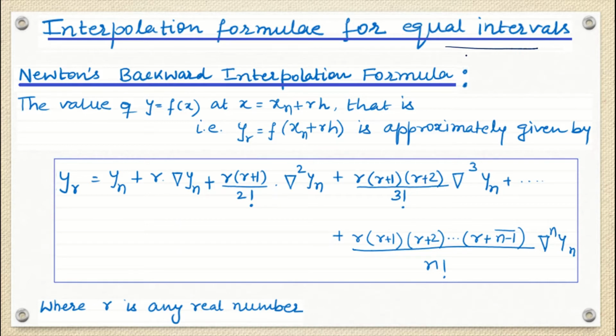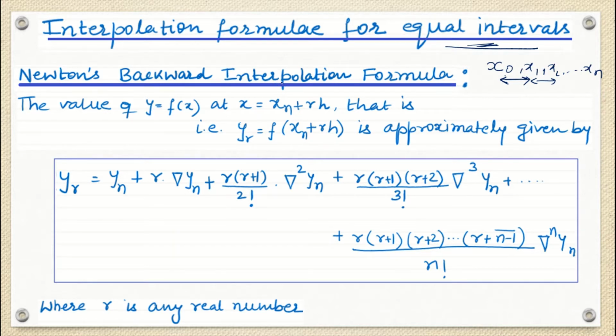That means those questions where they have provided us the different instances of an independent variable. Suppose the independent variable is x and those instances are x0, x1, x2 and so on. If those instances are equidistant, that means their interval is the same, we will be using either Newton's forward or backward interpolation formula.